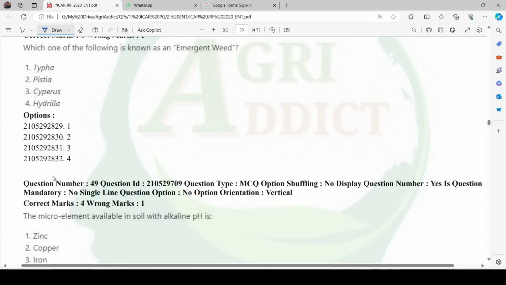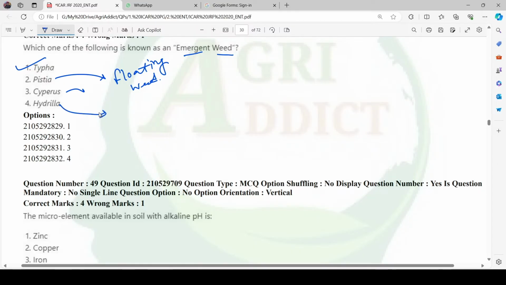Which one of the following is known as an emergent weed? So you know that typha is an emergent weed. And what is pistia? Pistia is a floating weed. Cyperus, it is Cyperus rotundus, associated with wheat.